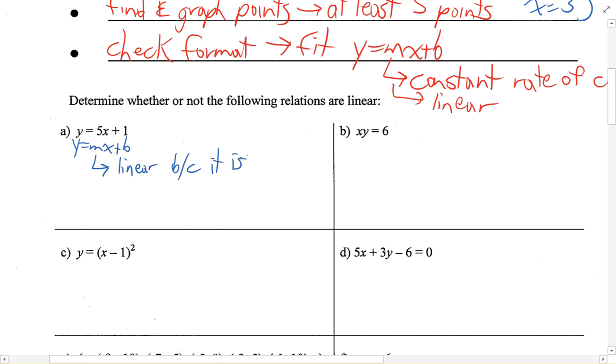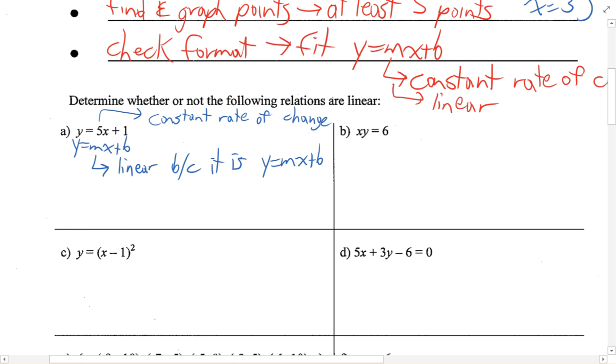So I kind of worded my English badly here because it is y equals mx plus b. Okay. And what we're showing is that 5 is a constant rate of change. And we're going to see some where there isn't a constant rate of change.